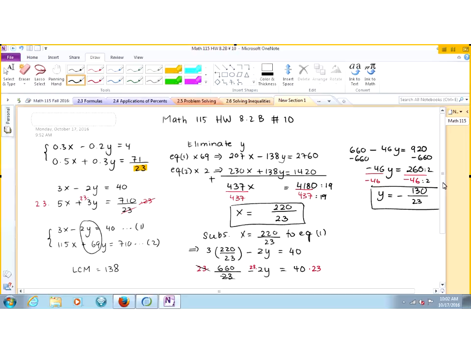Yeah, this is not easy. But this is your clue. This starts with 220 over 23, so maybe your answer will have a 23 on the bottom. That's your clue. If we don't know exactly what it is divisible by, try divisors that we might think could fit.